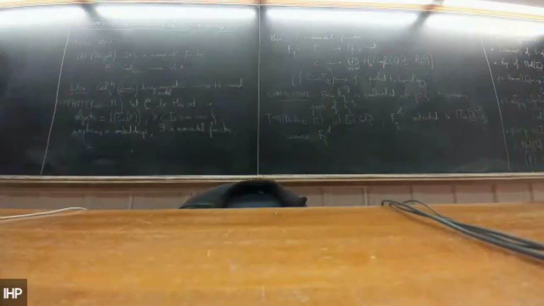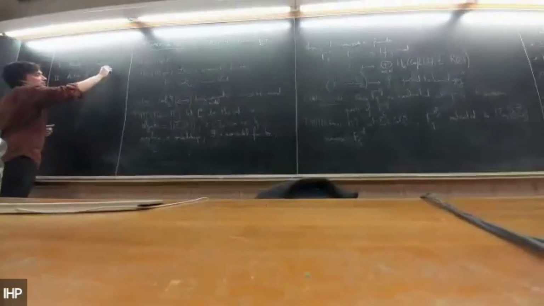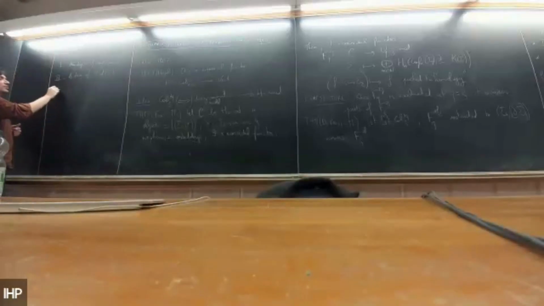First, I will define for you homologies of configuration space. Second, I will say a word on how to add the action of the mapping class group of sigma on the homologies. It will be quite natural.